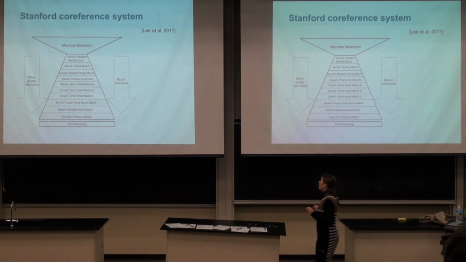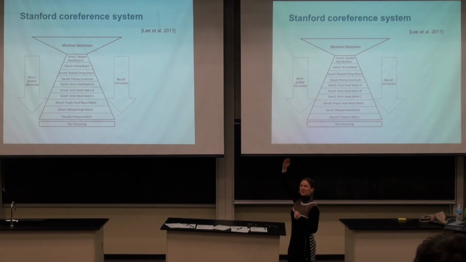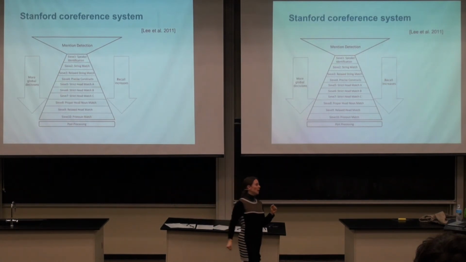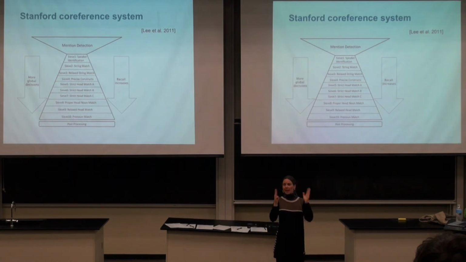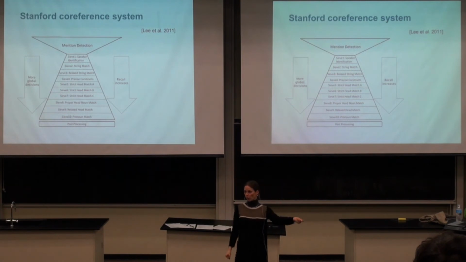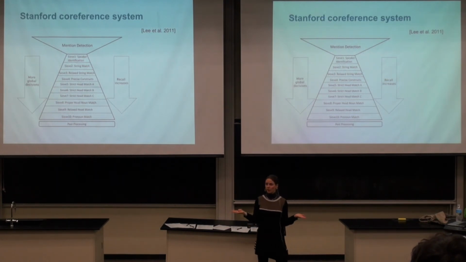The Stanford coreference system is a system that still exists. You go through several sieves that are very precise at the top, and then less and less precise to try to get more recall. What we are going to do is use this lifespan model, which gives you a probability of something being coreferent or not, as a filtering stage. In effect, we are reducing the search space for the system.